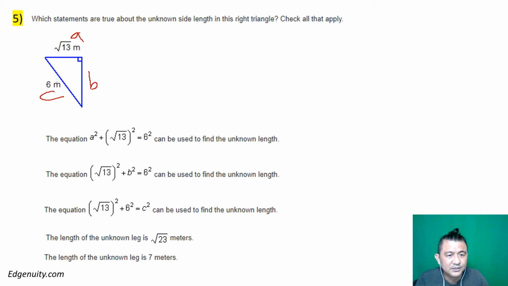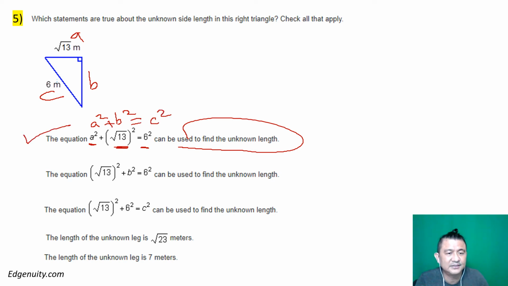The equation A squared plus 13 squared is equal to 6 squared can be used to find the unknown. All right, this is like the A squared, this is our B squared, this is the C squared. Correct, it matches, so this makes sense.